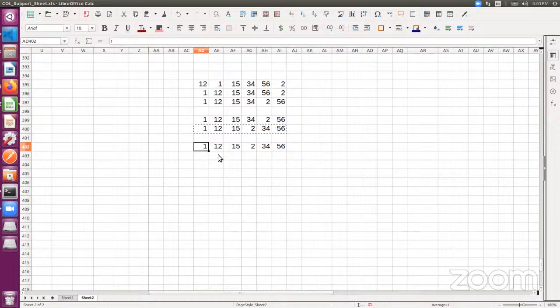So compare 1 and 12, they are in order. 12 and 15 in order. 15 and 2 not in order. So swap. And then these 2 elements we did not consider at all because they are already sorted. Now this is the end of the third iteration. I can see the third largest element has come to its position.